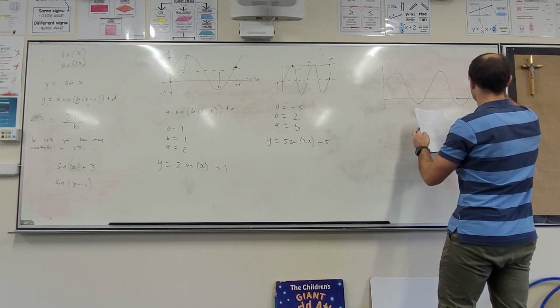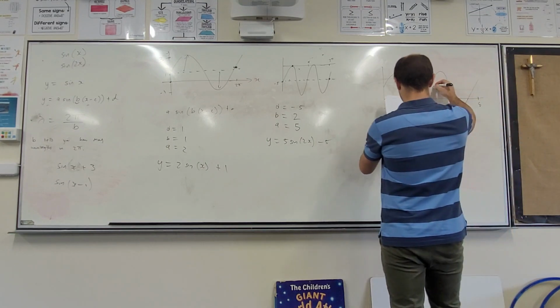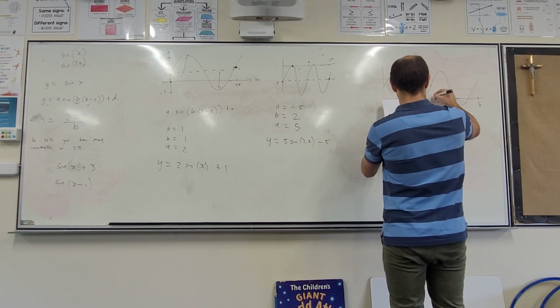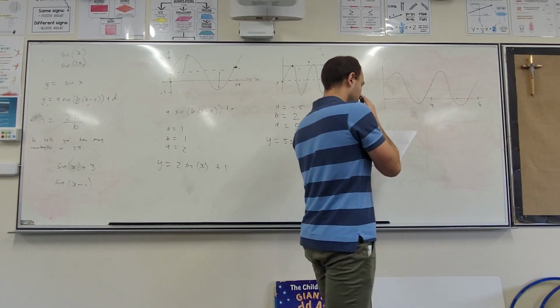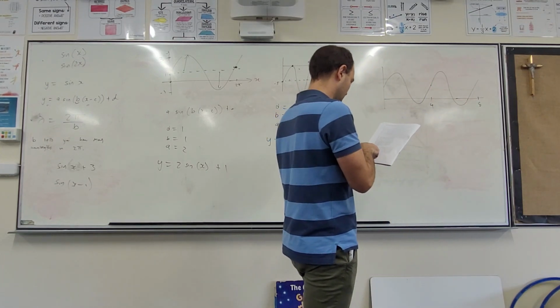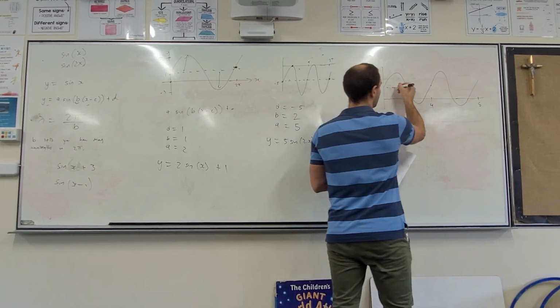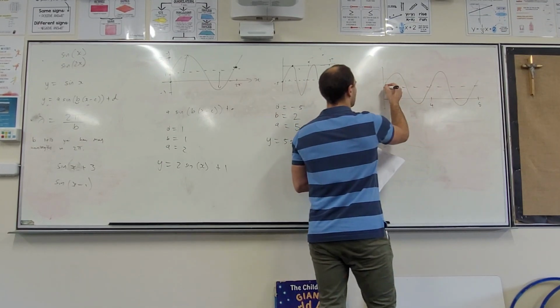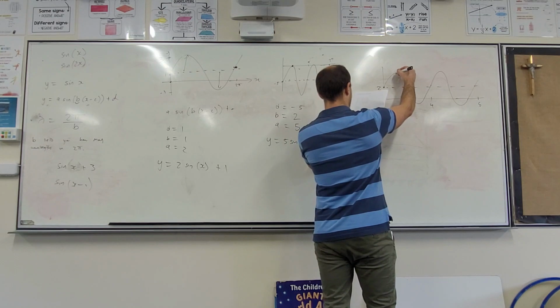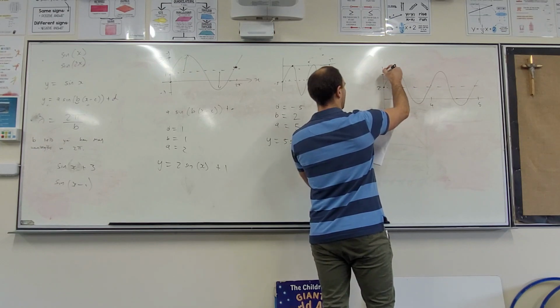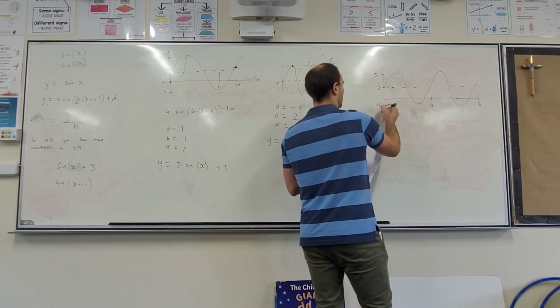What we can see, that's 8, and that is 4. And then we have a principal axis at 2, and we have a peak at 5, and that's -1. Very good.